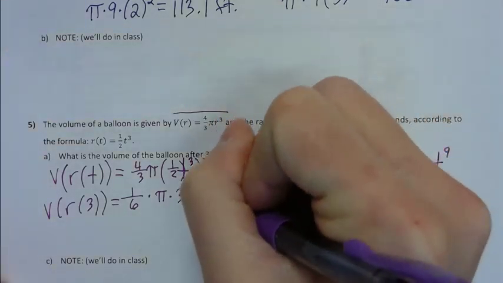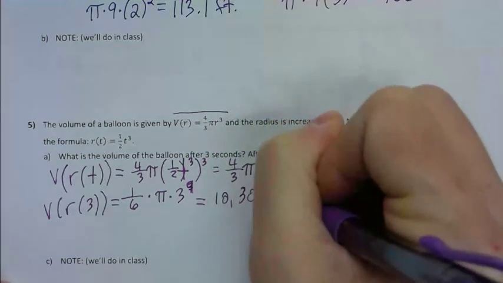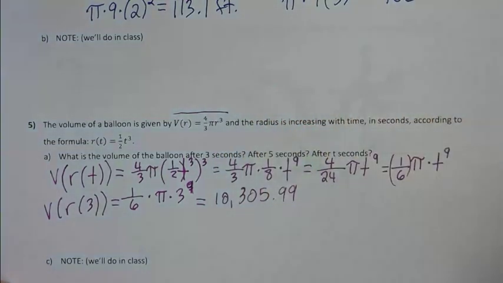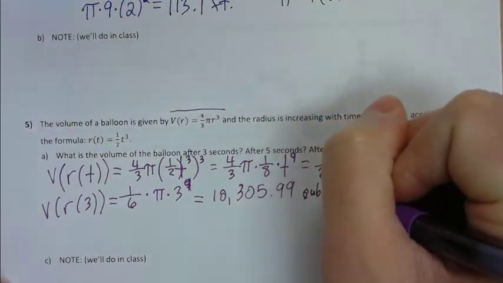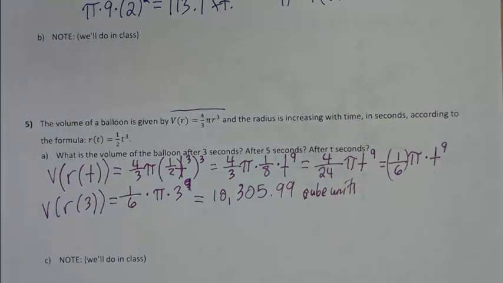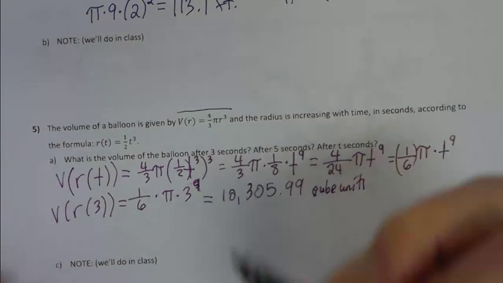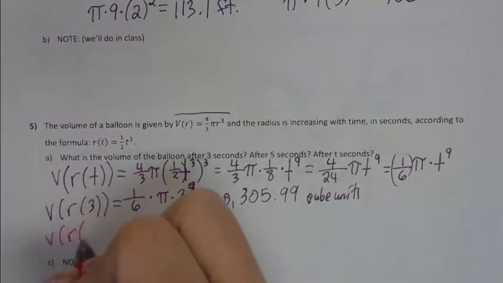We have 10,305.99, and we don't know the units, so we'll just say cubic units. We'll go with that. It doesn't seem like we have a length or a unit for our radius, but that's okay. So then we would do the same thing and do v of r of 5.